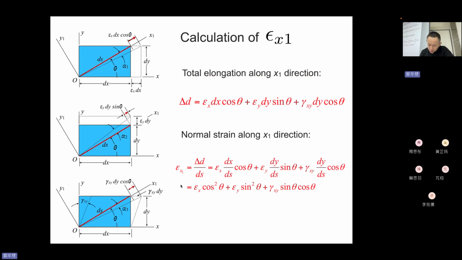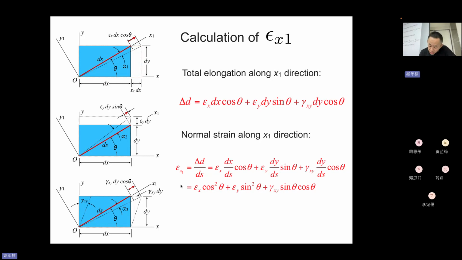out what that is. Right, so if there is a stress element like this, and the x1 axis here, and then this stress element is subjected to epsilon x, so epsilon x times dx, their original length, it elongates to this, right? So it becomes this length.